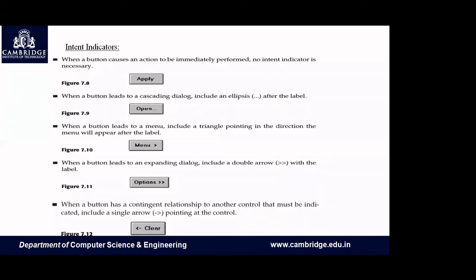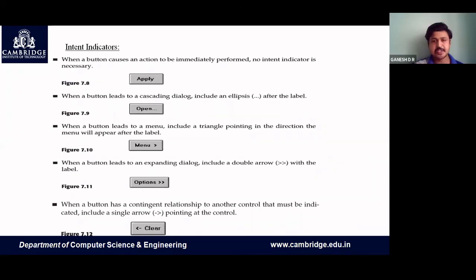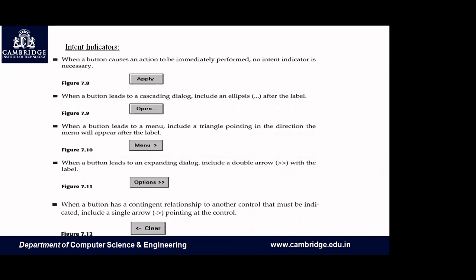When a button leads to a menu, you use a menu indicator. When a button leads to an expanding dialog, we use more options, with double arrows, that is, the double greater-than symbol, right? For opening, we have dots there. If more options are there, it should be two arrows. If it is a single menu option, it should be one arrow.